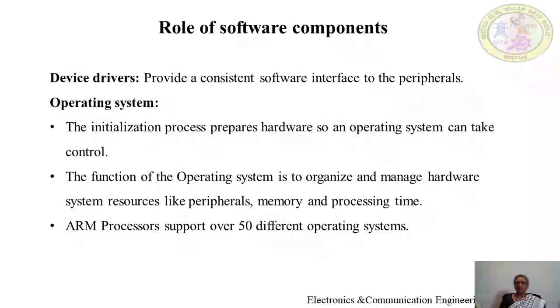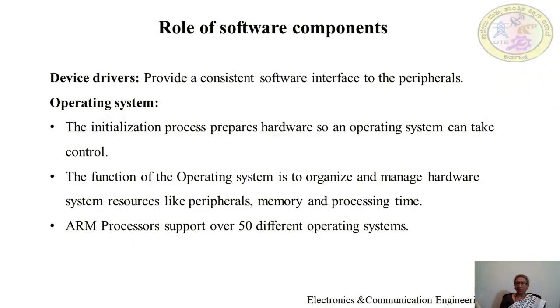The initialization process prepares hardware so that an operating system can take the control. The function of the operating system is to organize and manage hardware system resources like peripherals, memory, and processing time.